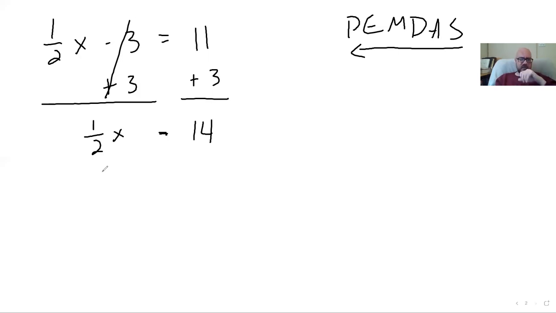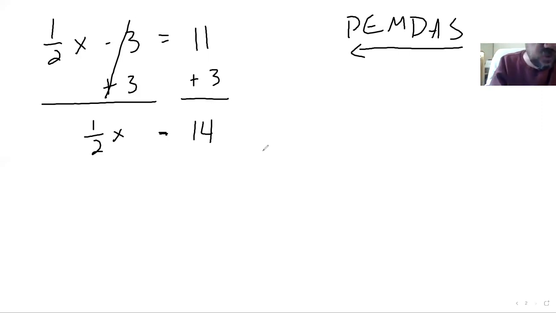But I would argue that the easier way to think of this is that multiplying by 2 is the opposite of multiplying by 1/2, right? Flip it over and multiply, which is exactly what you do with division of fractions, of course. You could think of this as dividing by 1/2, and dividing by 1/2 means flip it over and multiply.